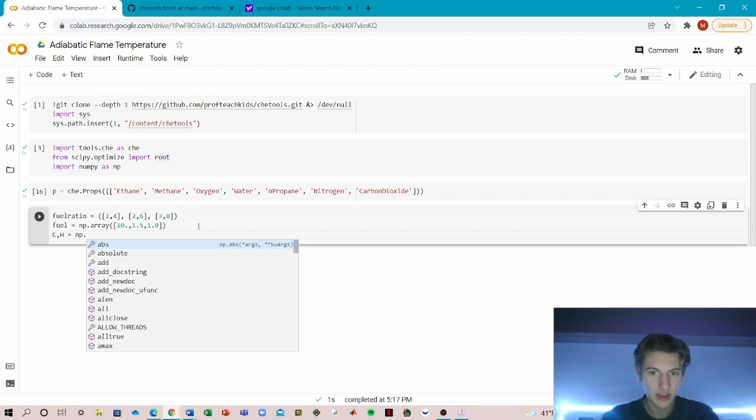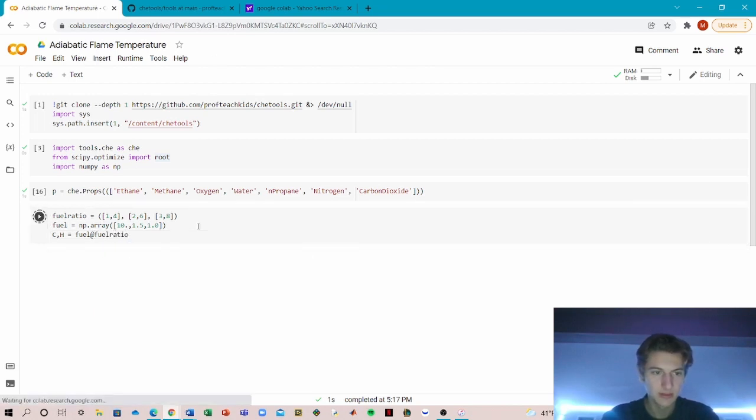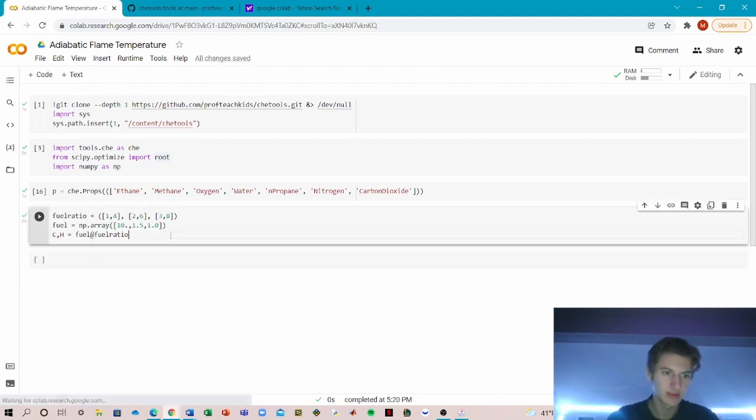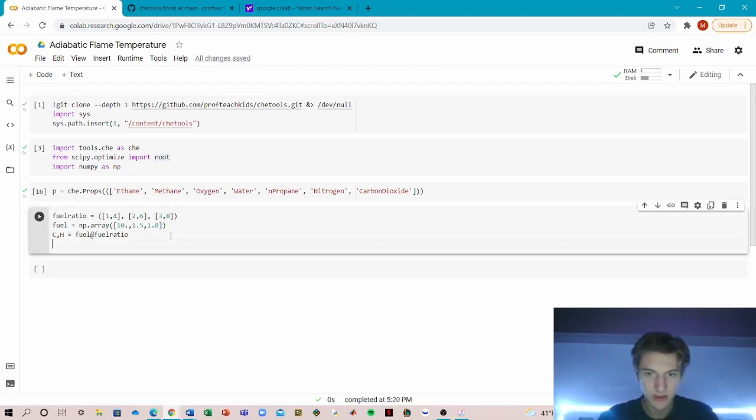NP dot, oh, that's for that one. We will do fuel times matrices, multiplication with matrices, so we use the at symbol, times fuel ratio. Oh, didn't mean to run it, but it doesn't really matter.